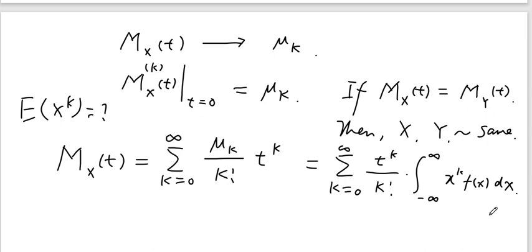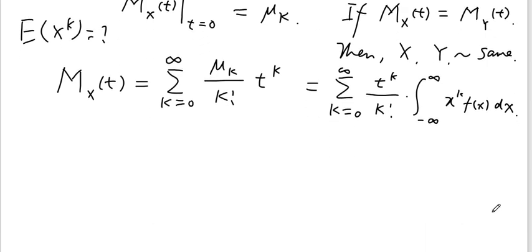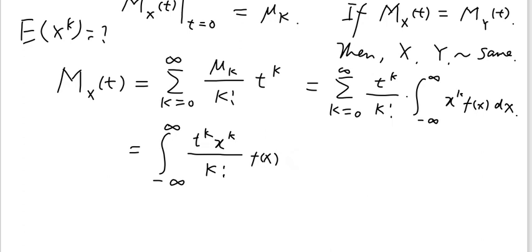So we can put the summation inside, with the integral from negative infinity to positive infinity. So we put 1 over k factorial, t^k x^k and f(x) dx, and summation for k equals 0 to infinity.